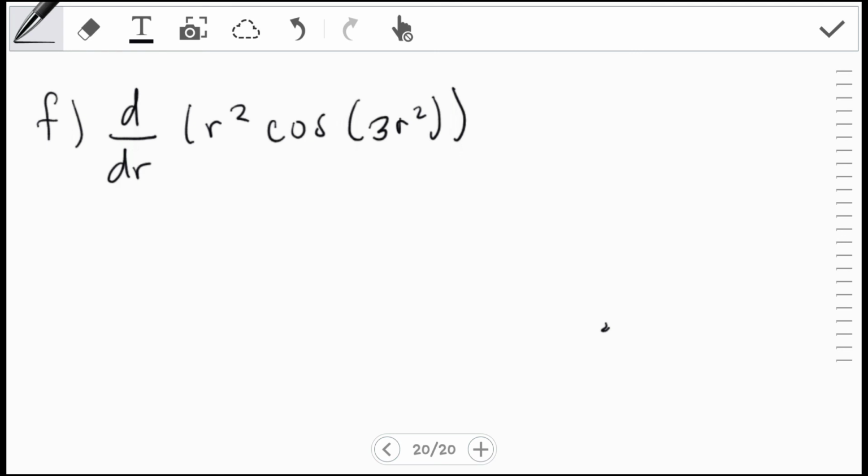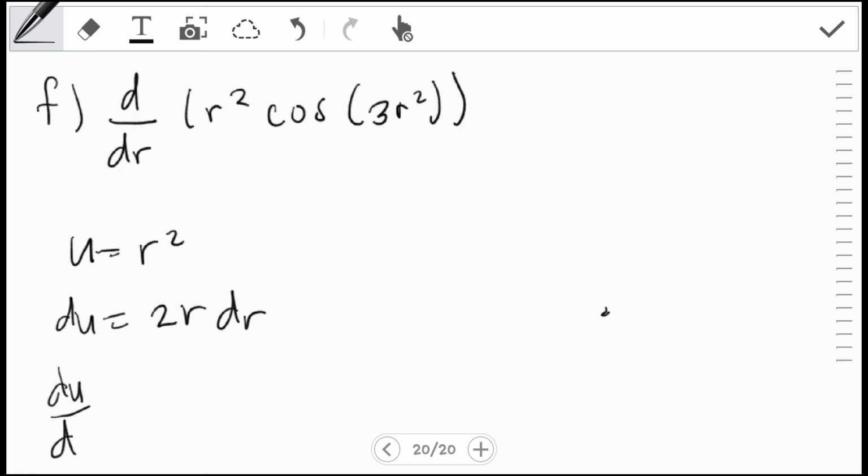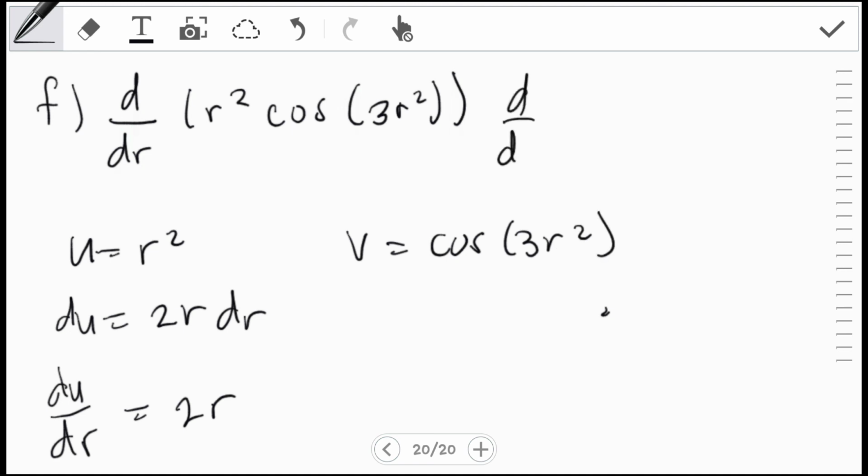So next, what is the first derivative of d over dr of the quantity r squared cosine 3r squared? Let u equal r squared, du is equal to 2r dr, then du over dr is equal to 2r. Then let v equal cosine 3r squared. By applying this formula, d over dx of cosine u is equal to negative sine u du over dx.